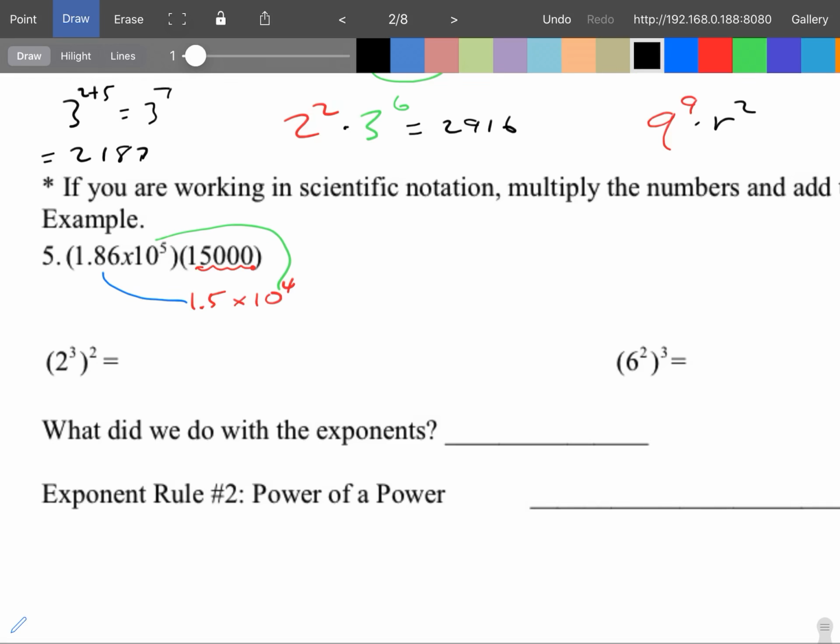So what this is going to look like then is we are going to do the 1.86 times the 1.5, and then we're going to do the 10 to the 5th times the 10 to the 4th.